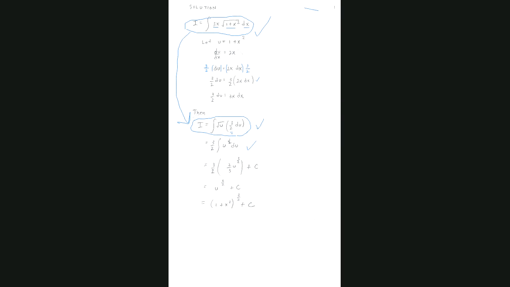And then the antiderivative of u to the half is 2/3 times u to the 3/2. Maybe I'll show a little step on that here. What we're doing is the opposite of the power rule for differentiation.